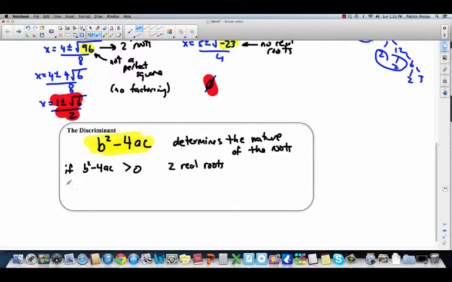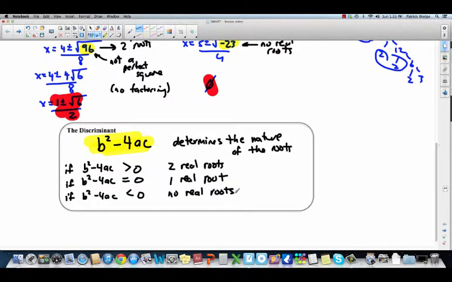Okay, if b squared minus 4ac is equal to 0, there is one real solution, or one real root. And if b squared minus 4ac is less than 0, in other words it's negative, there are no real roots. It's basically what you need to know today.